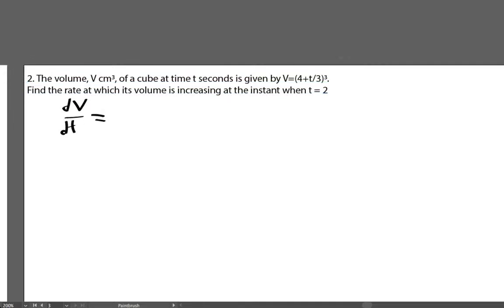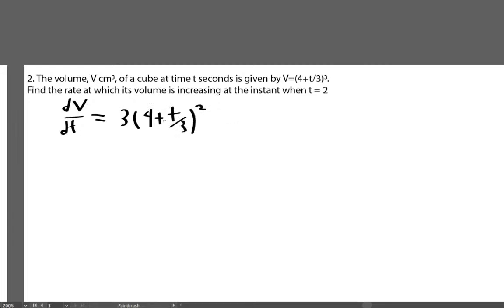So when you just take this derivative, you need to remember the chain rule. So you first actually do the powers, and then just copy paste the inside there, squared because it's 3 minus 1.